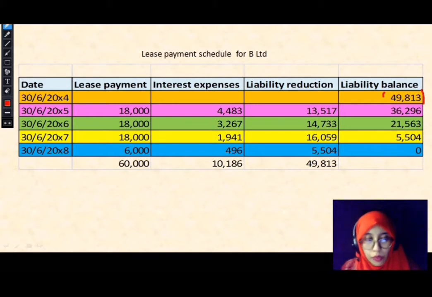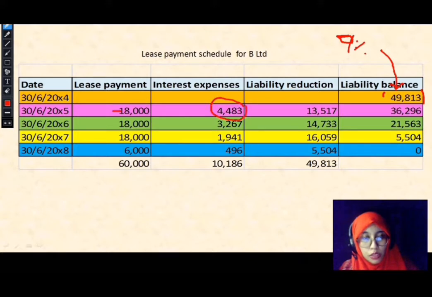Okay, so next year B Limited needs to pay 18,000, and this interest expense is actually 9% of this. You need to multiply by this amount, 49,813, and you will get this amount. Because when you have a loan with someone else, you need to pay the interest expenses. So this is almost the same concept.